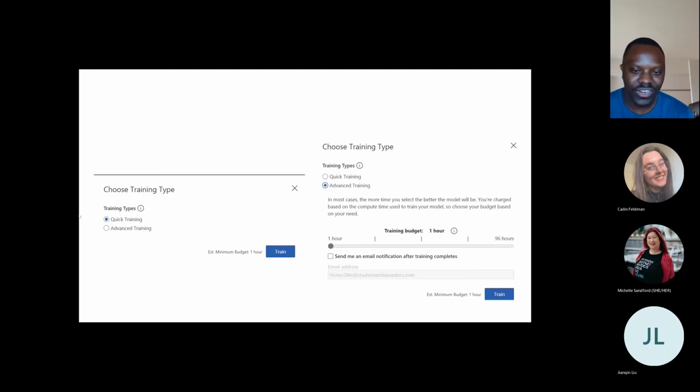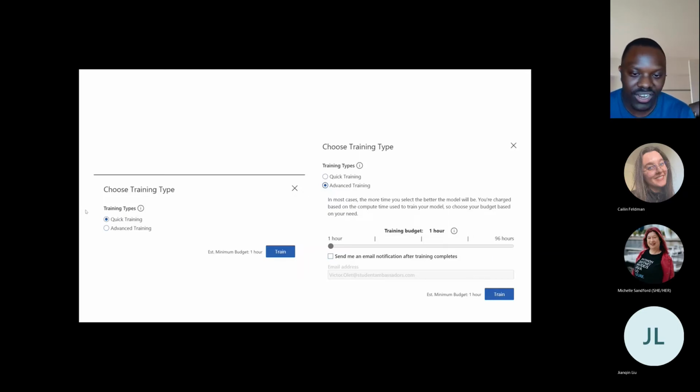We can do a quick train, which, as they say, takes an hour, but it just took 10-15 minutes. Or you can take the advanced training, which by advanced, they mean you adjust your time. So you don't really adjust the parameters, you just adjust the time. And the reason this is important is because I'm using cloud resources, and if I train for 96 hours, I will be charged for using those resources for 96 hours. And so it's just a way to optimize and see how much time you really need.